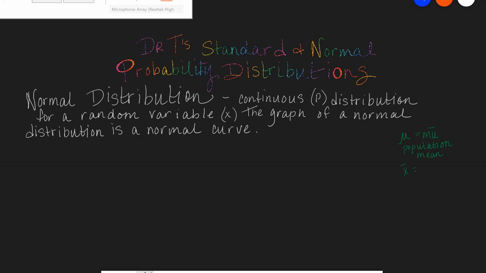X bar is the sample mean. And when we see sigma, this is our population standard deviation.